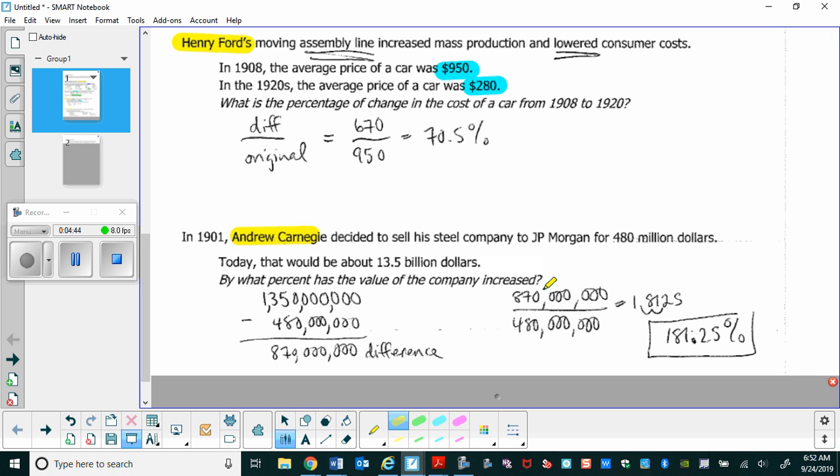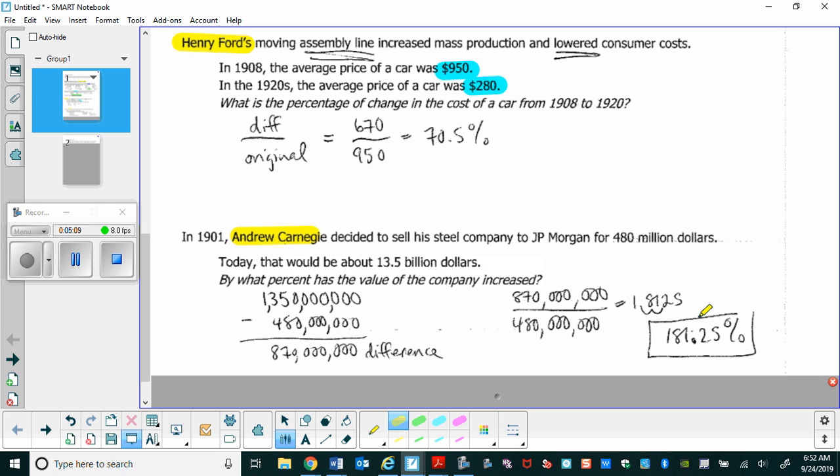It increased in value by $870 million divided by the original worth. When you divide that in the calculator, we get 1.8125. If we move the decimal over, we can see that this has increased almost 200%. 100% of itself would mean a doubling in value.